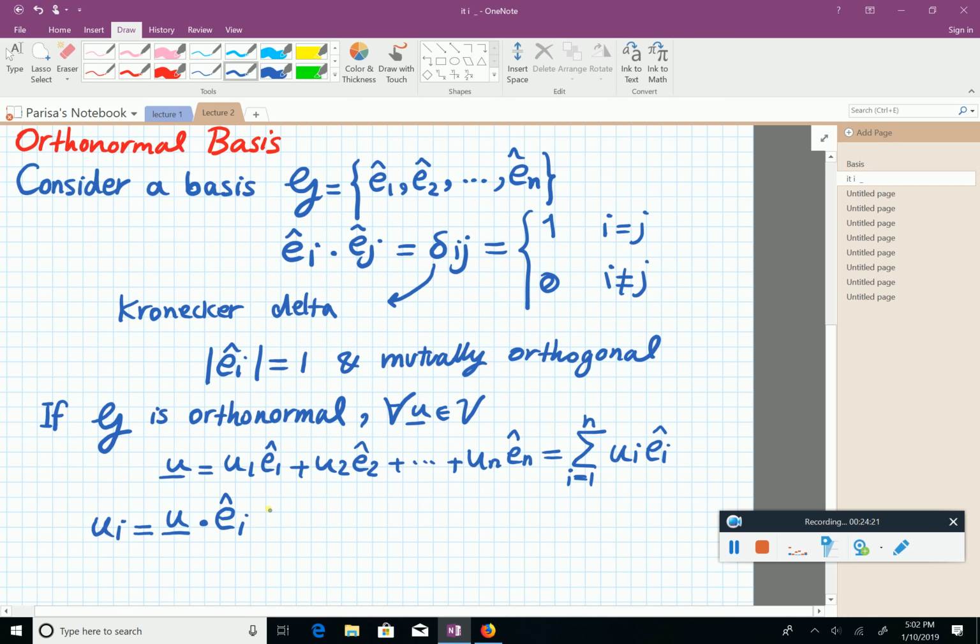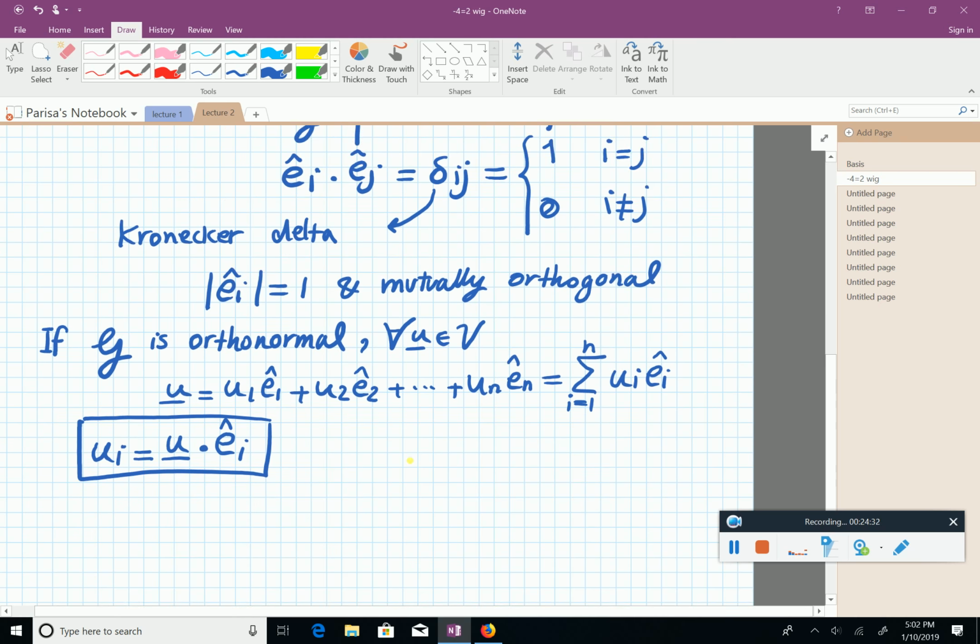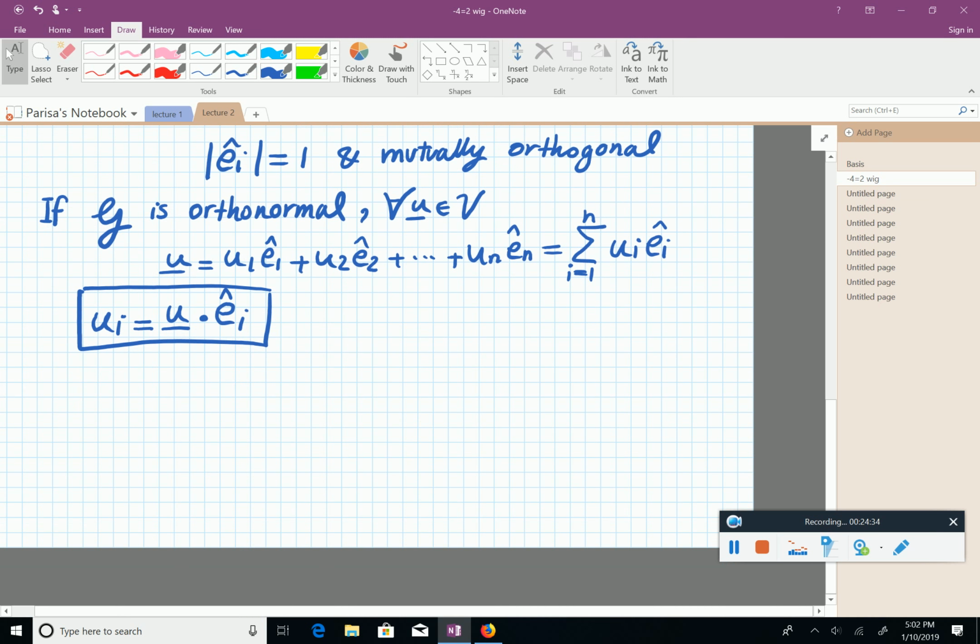So that is why we like orthonormal bases so much, because dot product is easy. So if you can get the component just doing this dot product, why not? This would be a very good thing to do.